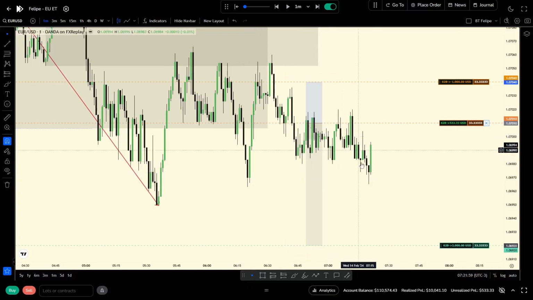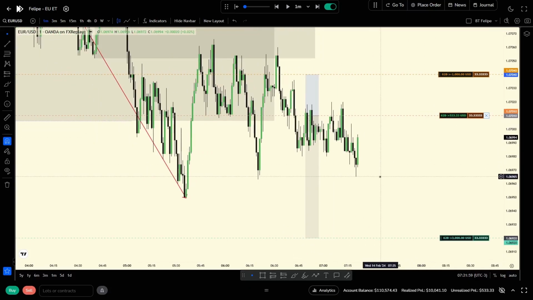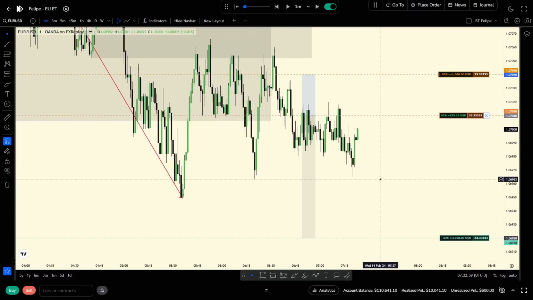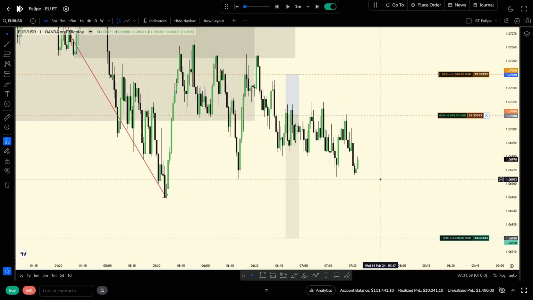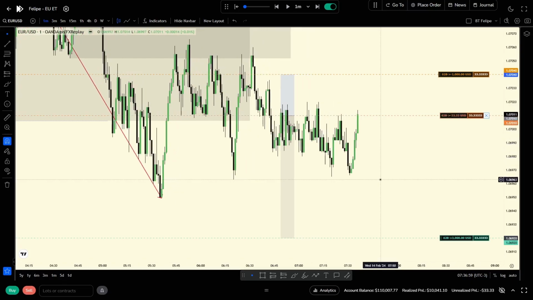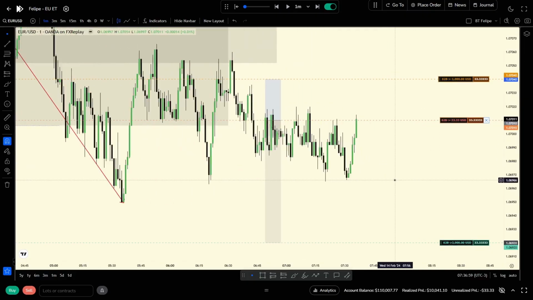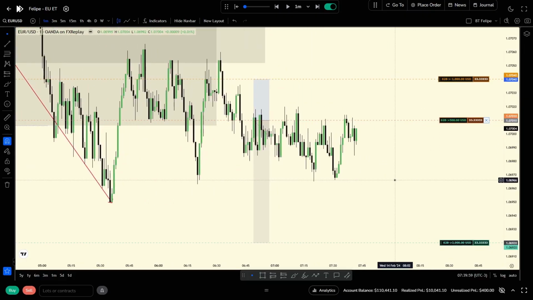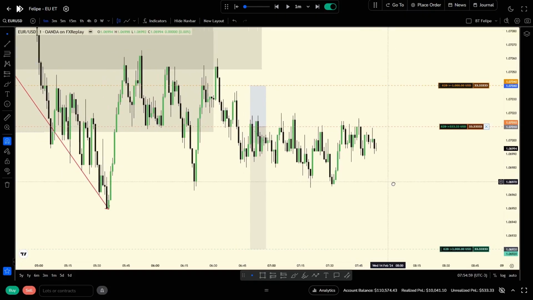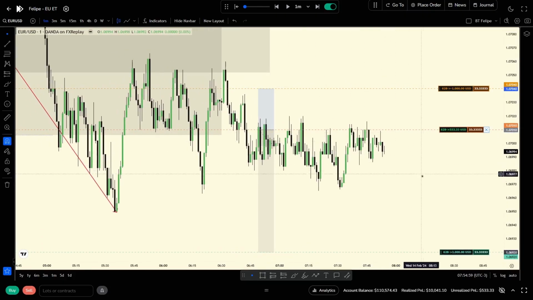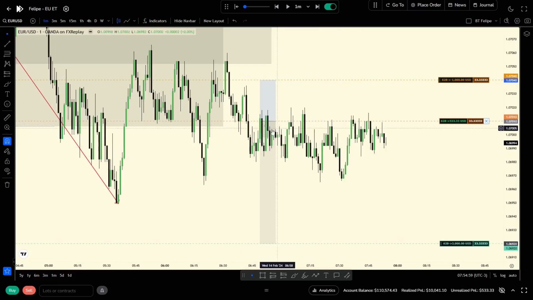Price is struggling to go down. Nothing to do, just gotta wait. If it goes, it goes. I'm not trying another short because this already have this one.